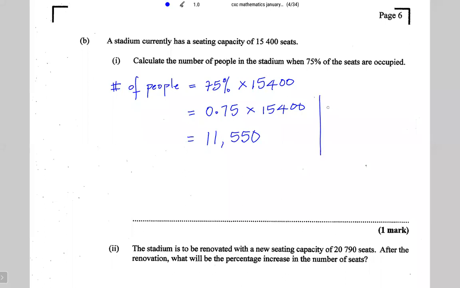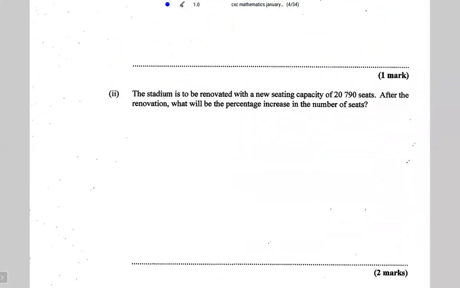As a fraction, it would be 75 over 100 multiplied by 15,400, and you would have gotten the same results. So that would have been 75 times 154, which is 11,550.